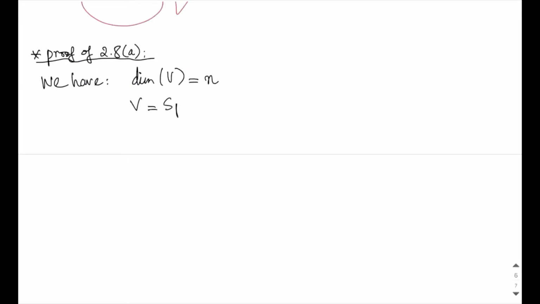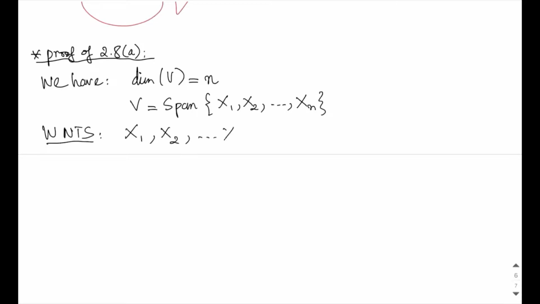V equals the span of n vectors, say x1, x2, through xn. We don't know what they are, but they are n vectors, so we just denote them as x1, x2, ..., xn. We need to show that these x's are independent.